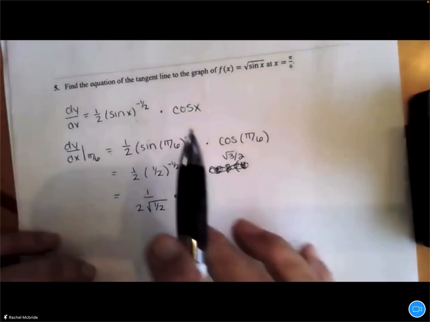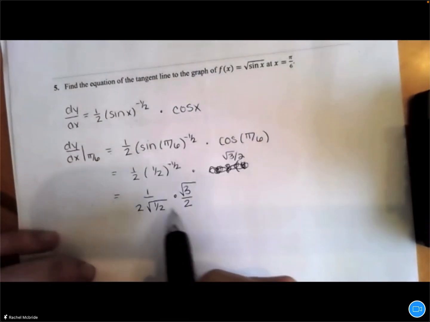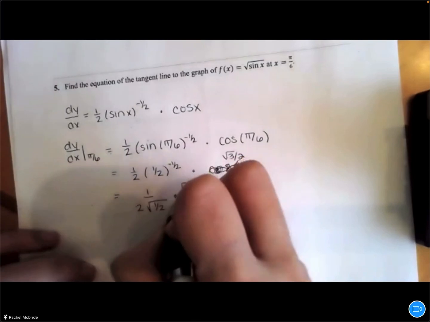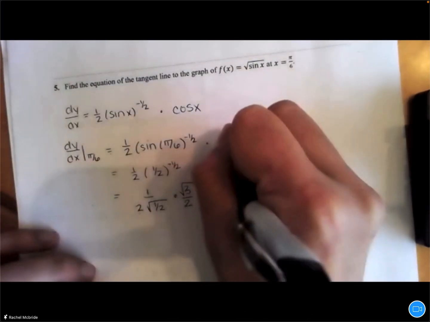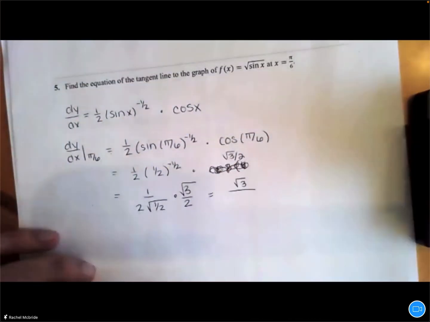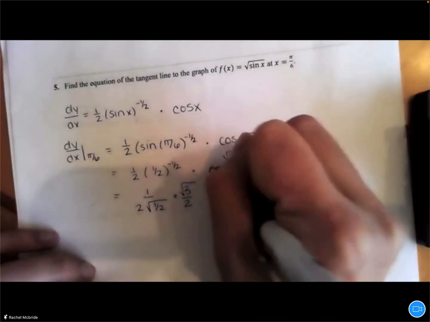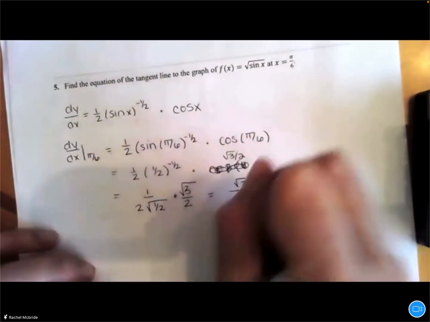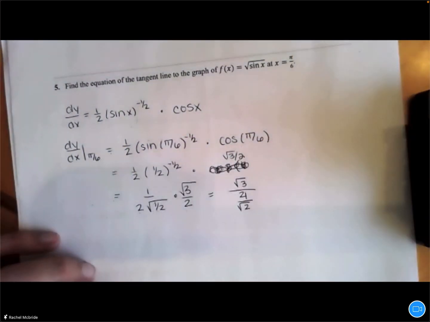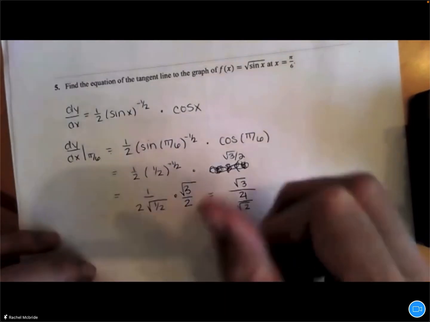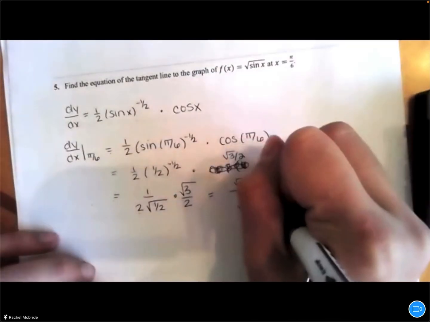So we need to just clean up all of this. So 2 times 2 would give you 4. The square root of 1 is 1. So really that leaves you with the square root of 3 over 2 times 2, which is 4 square roots of 2. So we don't want a fraction in a fraction, so we're going to multiply by its reciprocal.